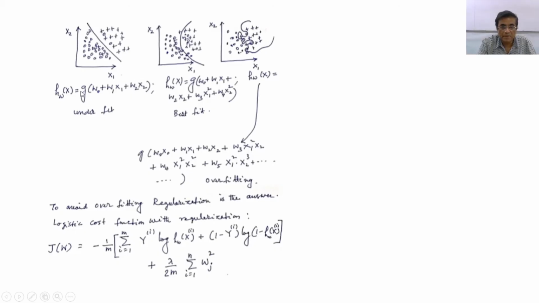You made a very simple hypothesis or predictor, h(x) parameterized by w is equal to the logistic function of w0 plus w1 x1 plus w2 x2, and you decided that you will not allow any more features, only two features. You have a large number of samples, but only two features, that means you are giving high bias, so underfitting will occur.